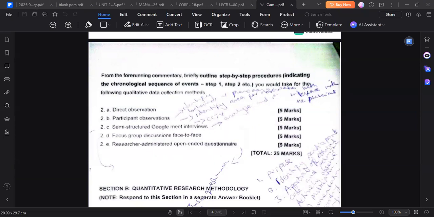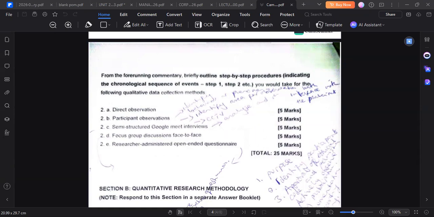Can somebody try the first one? This question has appeared more than enough times. So can somebody try? What are the step-by-step methods from what I've explained?